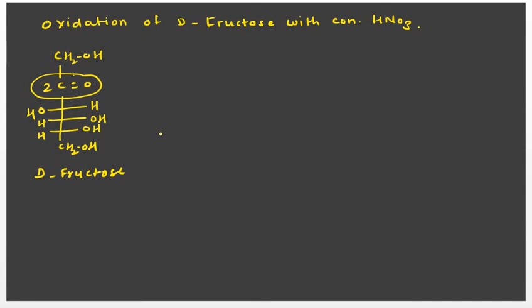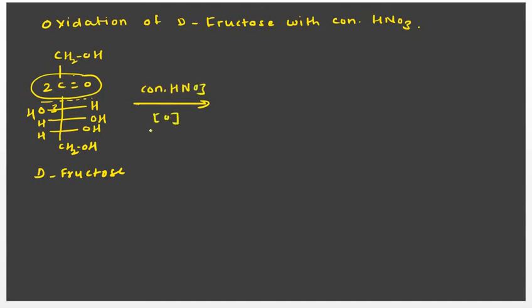there is a bond breakage between C2 and C3 carbon. So this is carbon 2 and this is the third carbon. So the bond between this C2 and C3 breaks down, with concentrated nitric acid.